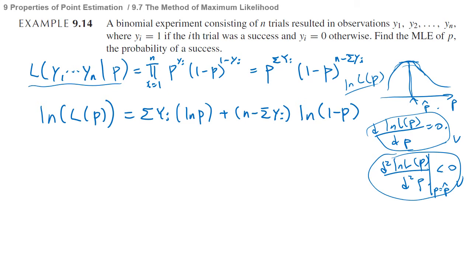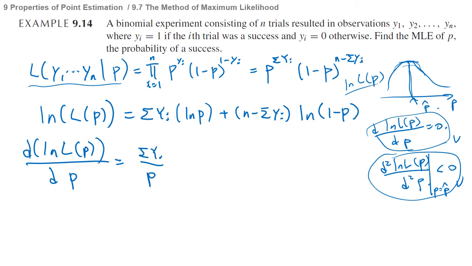So we differentiate with respect to p. d ln L(p)/dp is sum of yi over p plus n minus sum of yi over 1 minus p, times the derivative of 1 minus p, which is minus 1. Let's set this to 0 and solve for p.